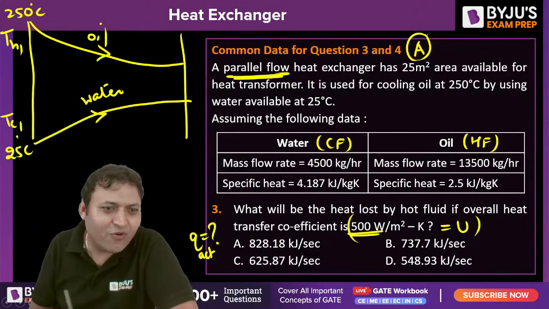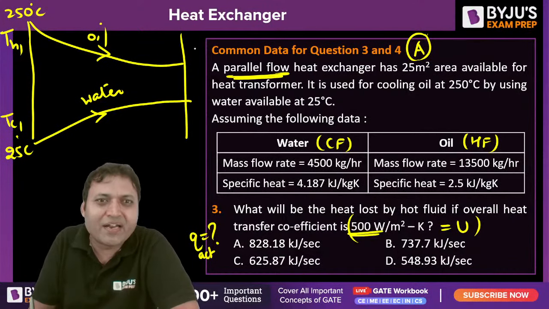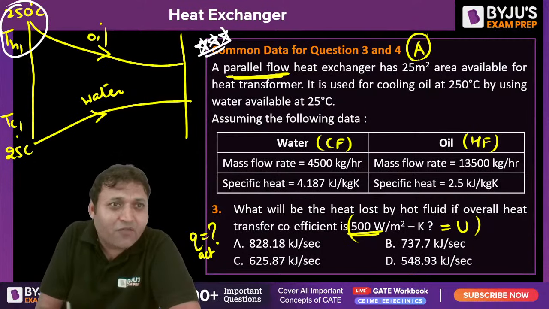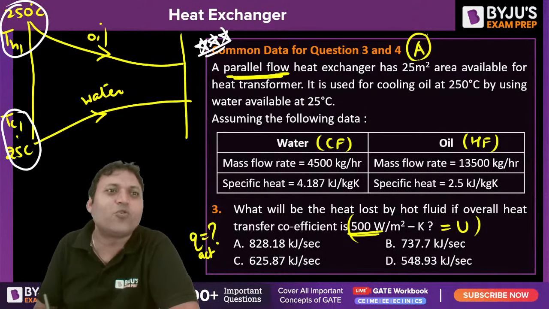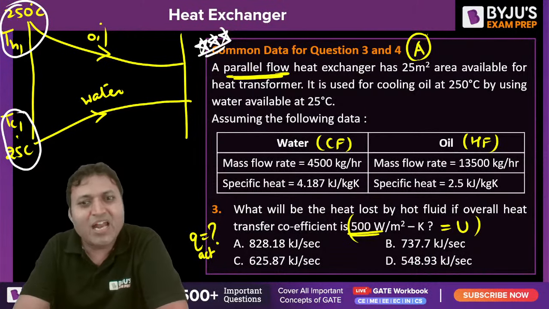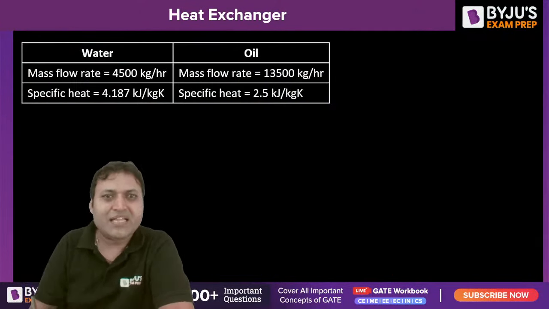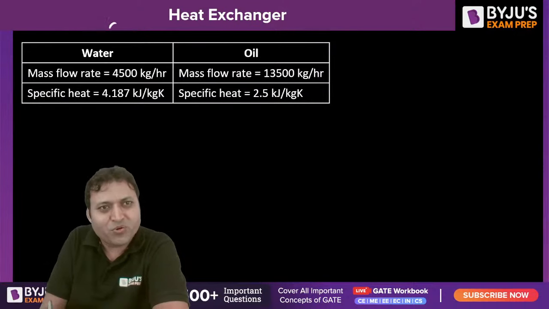Listen very carefully, it is very important. The question is very beautiful. Whenever the inlet temperature of hot fluid and inlet temperature of cold fluid are given, then we need to go for the effectiveness NTU approach.